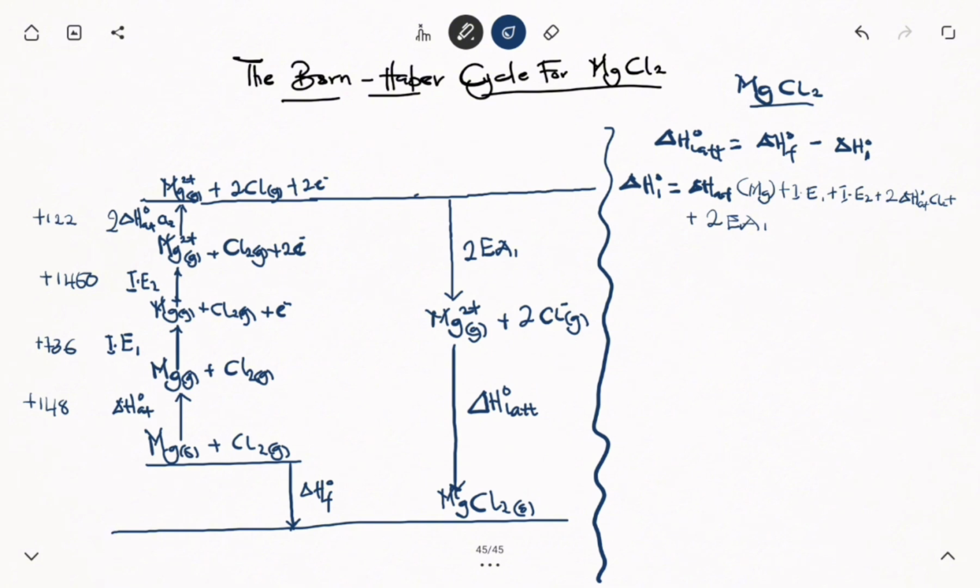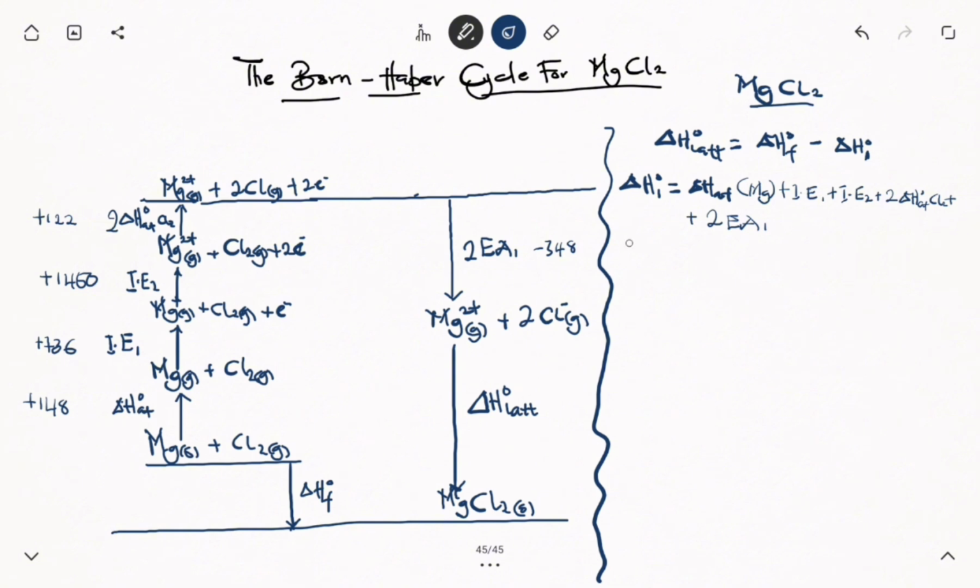And then we have the electron affinity. So for the first electron affinity of chlorine, it is minus 348 kilojoules per mole. So what we are going to do now is to just put in these values to be able to calculate the lattice energy.